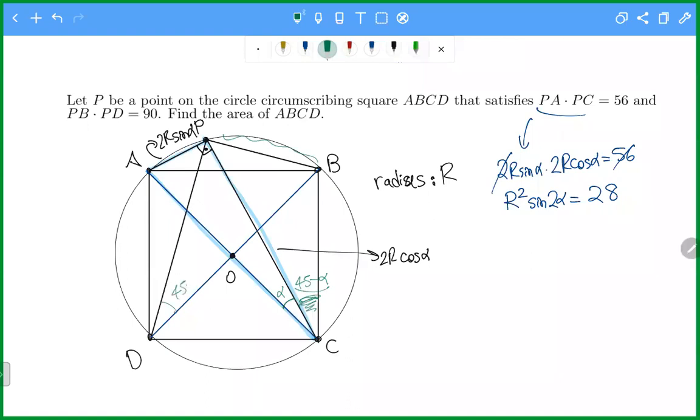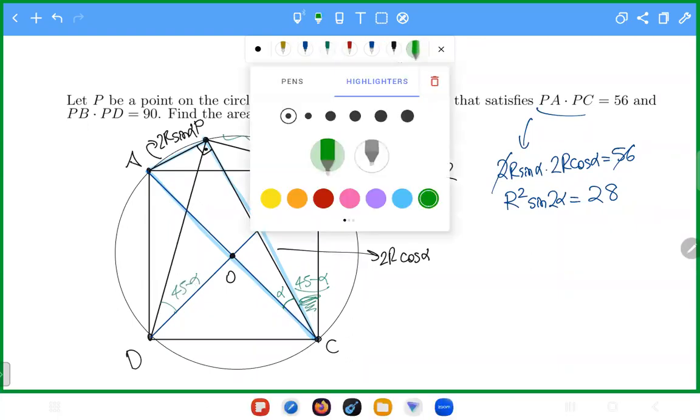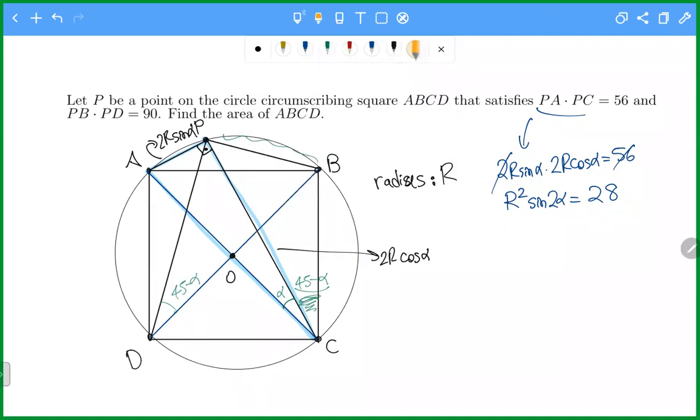So this has to be 45 minus alpha, and in this orange triangle, triangle BPD, the angle P is 90 degrees because it's a circumscribed angle facing a diameter. And then this part is 2R sine 45 minus alpha, and PD is 2R cosine 45 minus alpha.